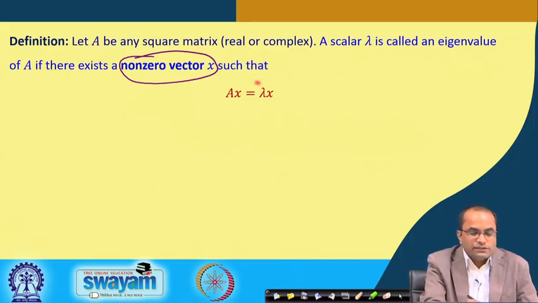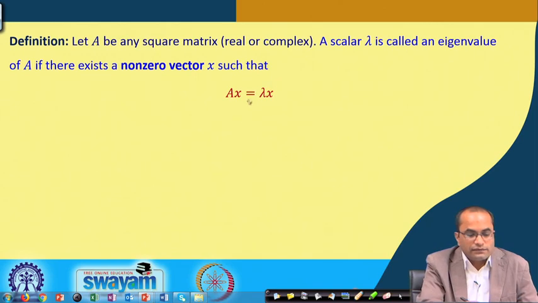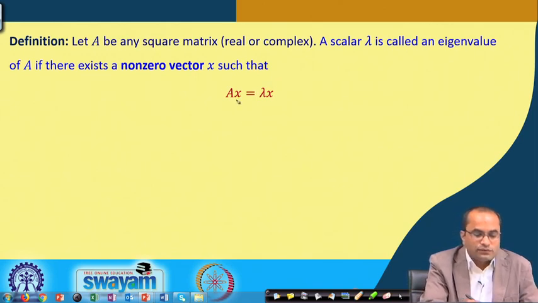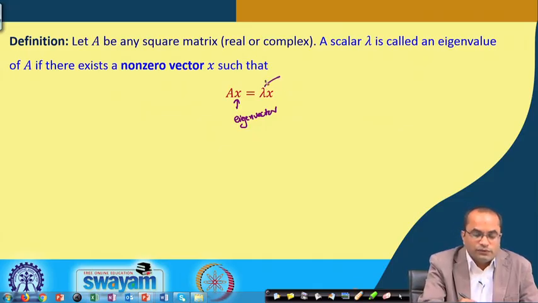That is the definition. This x is called the eigenvector and this lambda is called the eigenvalue. The eigenvector has to be always non-zero, otherwise the zero vector would satisfy it always. So, we are looking for the non-zero vector, which is called the eigenvector, and this is called the eigenvalue.